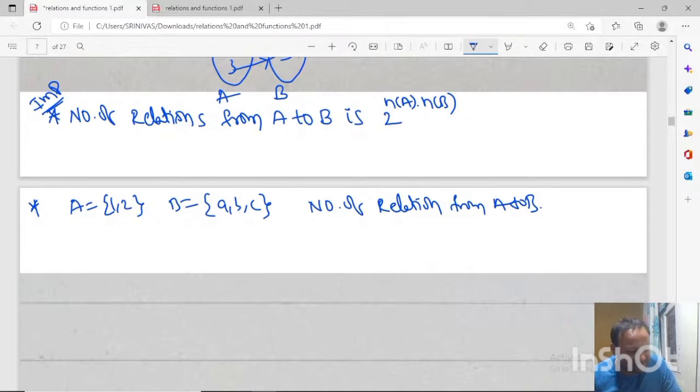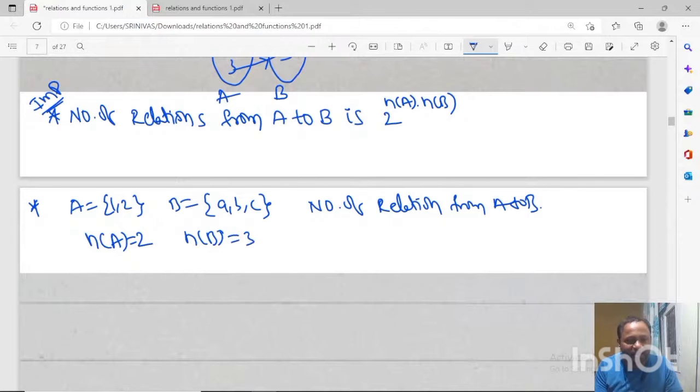This is the question. What will be the answer? Anybody can guess. Very simple. n of A is equal to how much? 2. n of B is equal to how much? 3.